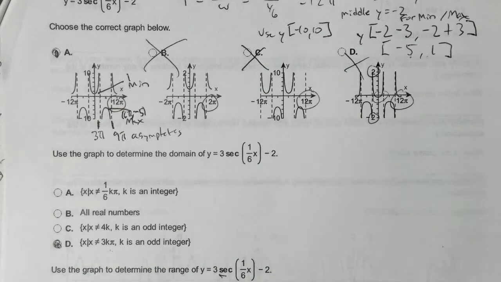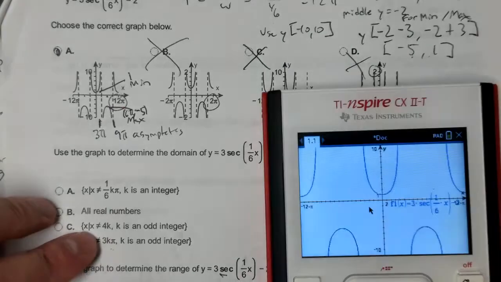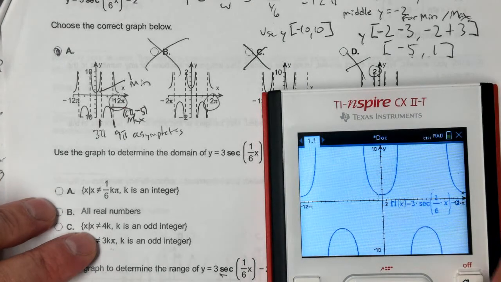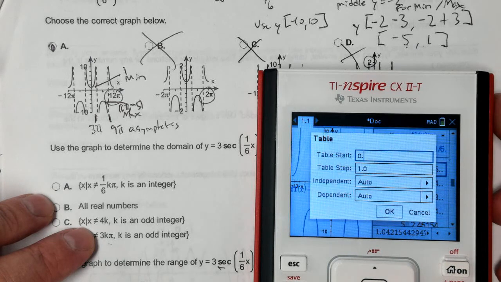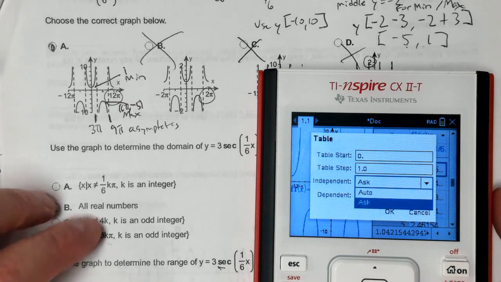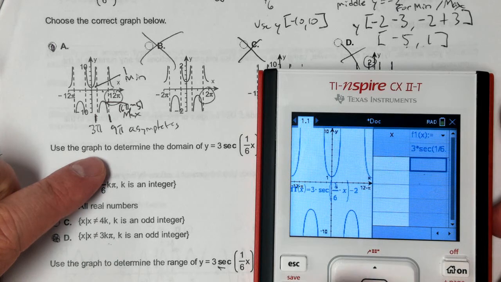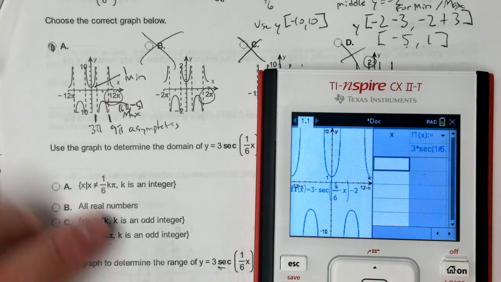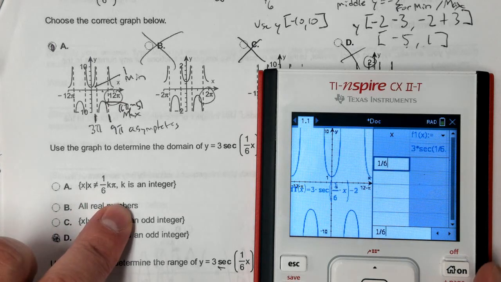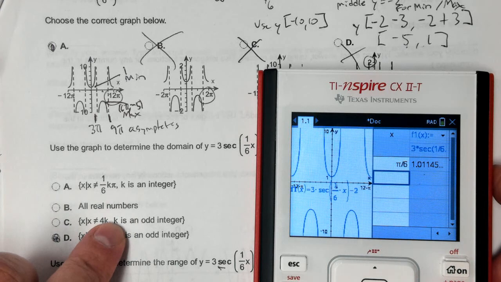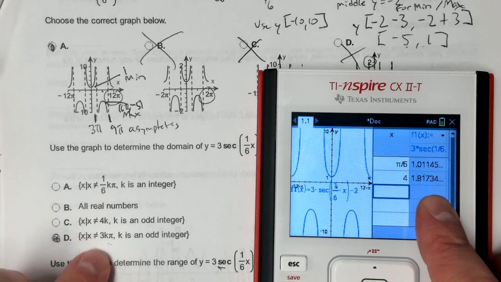If you'd rather go to your table, that's fine. Go to your table, go to your settings, change independent to ask, and I'll put 1/6 pi. And I get a number, and so it can't be that. If I do 4, I get a number.